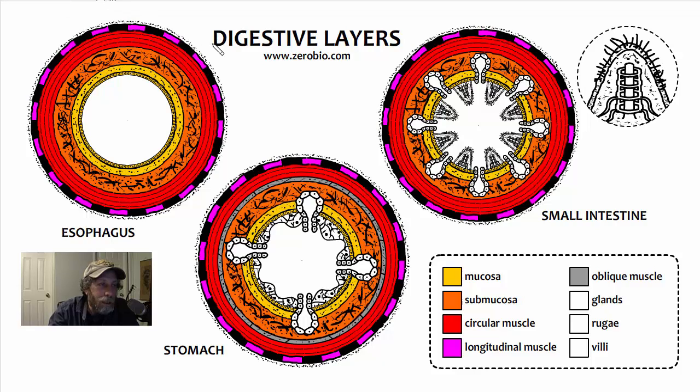Now, I want to add a label on here, and I'm hoping this is not going to be messy for you. I might do it a little bit messy, but maybe you can find a nice, neat way of doing it. All three of these muscle layers, I'm going to grab that one. I'm going to use black, and I'm going to go for a bigger one. This one and that one, the circular and the oblique.